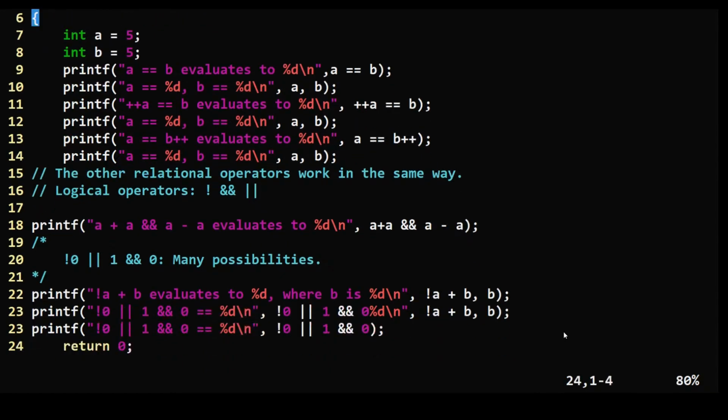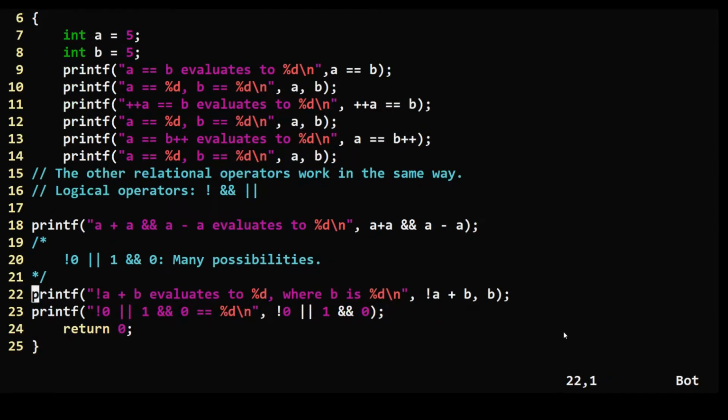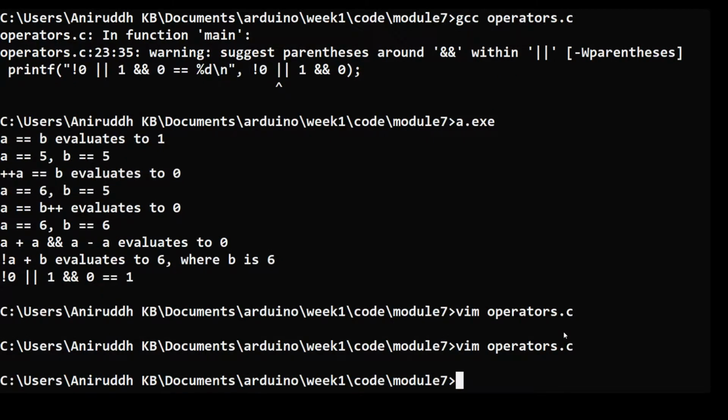Now here is an interesting example. Not A plus B evaluates to something where B is something. So what is that? Not A plus B evaluates to 6 where B is 6. So what this means is that the not is evaluated first.